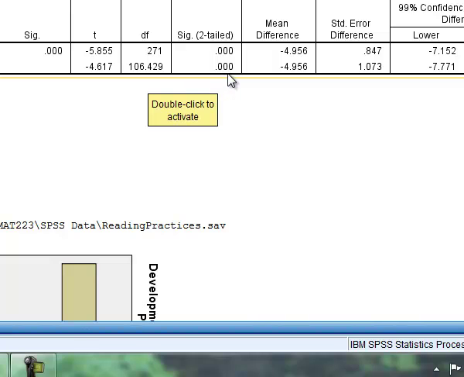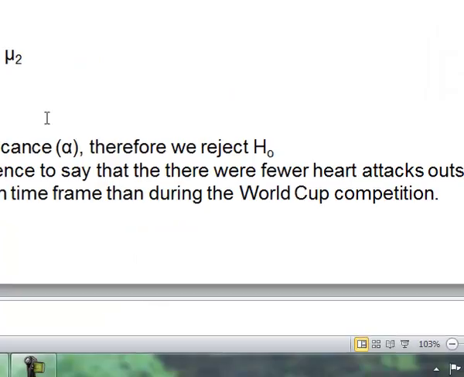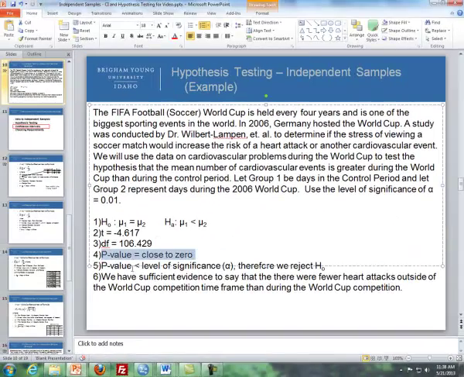Since we're doing a one-sided test, if you're using SPSS, we would take this number divided by 2. But since it's a number that's close to 0, now I say close to 0 because it's not exactly 0, okay? It's 3 decimal places to the right, it shows 0, but there are other numbers. It's never going to be 0, but in this case it's awfully close to 0. So that's why I have written up here close to 0.